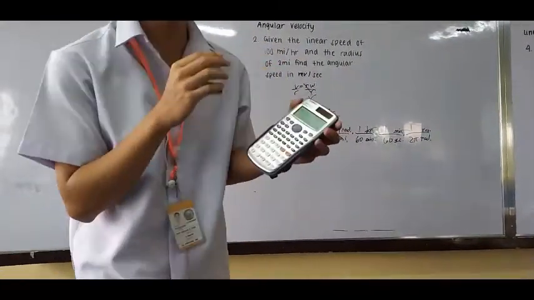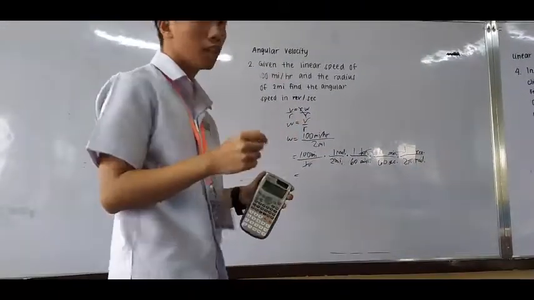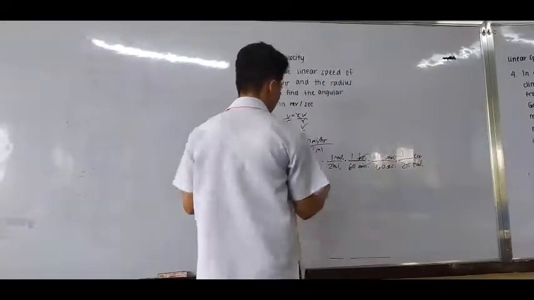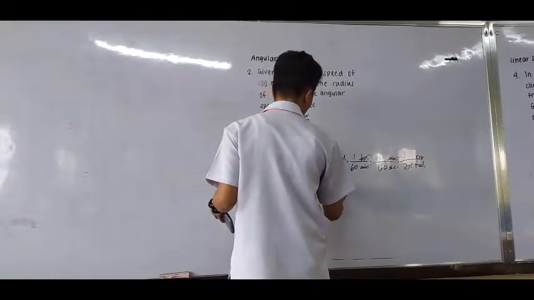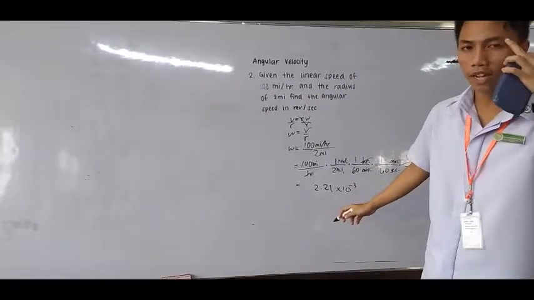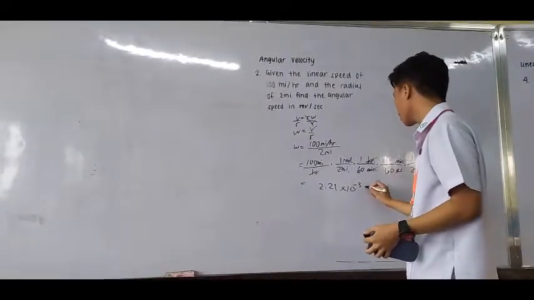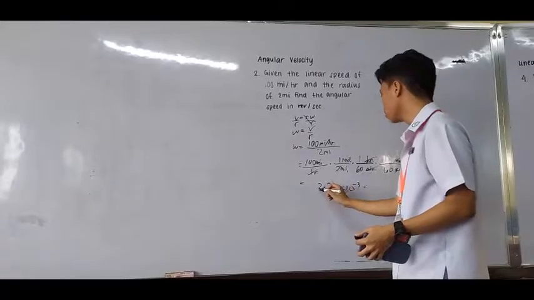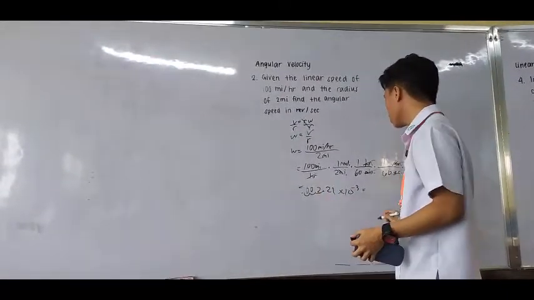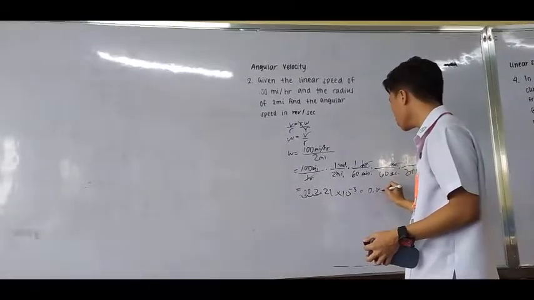So basically, we're going to move 3 places to the left. This is what is indicated in the scientific calculator, and if you convert it into decimal, you can get 1. So we have 2 zeros. So the final angular velocity is 0.0021.